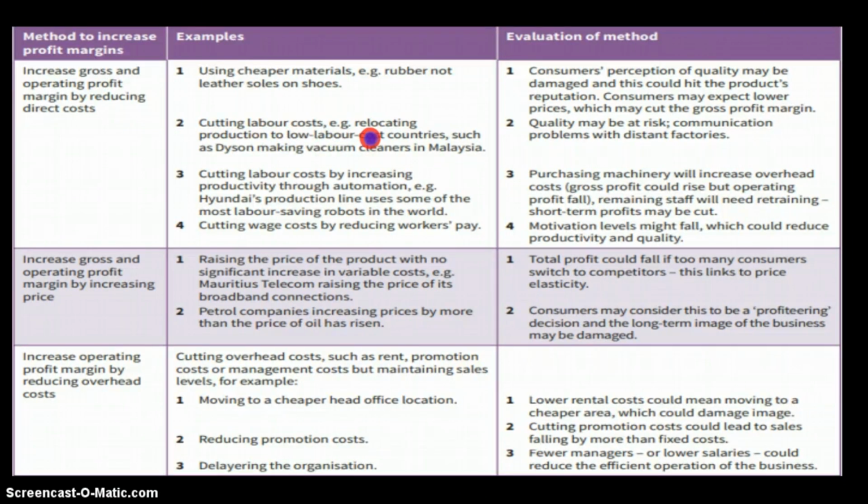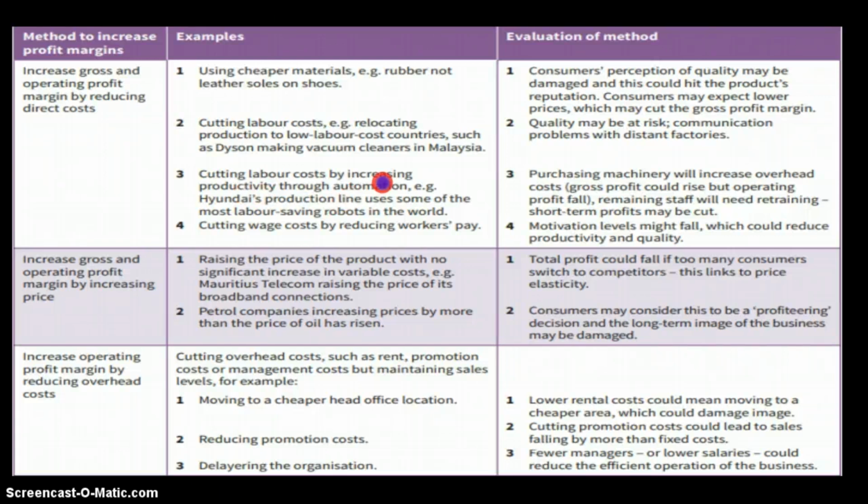Cutting labor costs, that is relocating production to low labor cost countries, such as Dyson making vacuum cleaners in Malaysia. Countries where the minimum wages and salaries are low.